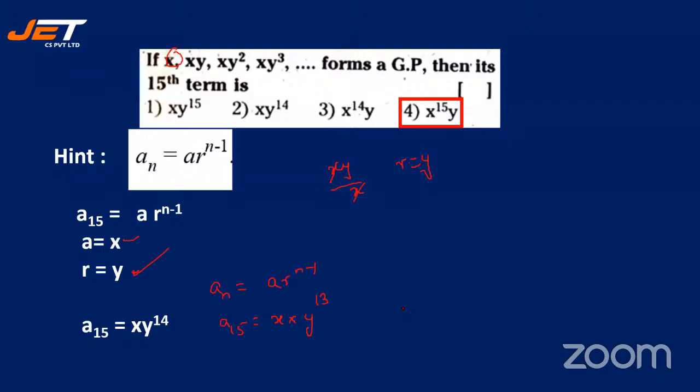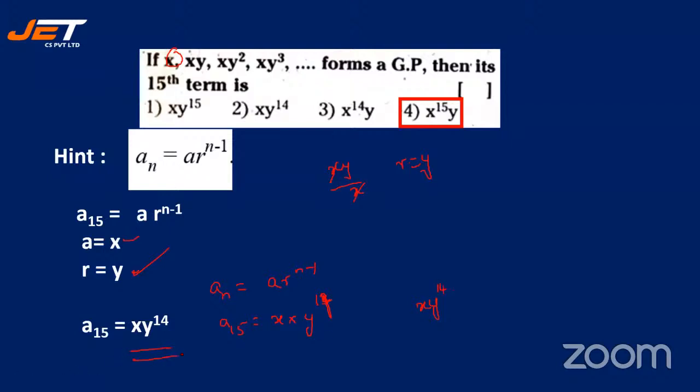R is, once again, n minus 1. Yes, n is 15 minus 1, 14. Sorry. Yes, so therefore it is x y to the power 14.